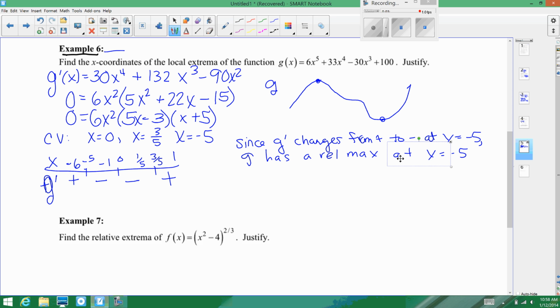And I know it seems like a lot, but you have to write all of these things out. You have to include it. This sign chart isn't enough. You have to specifically say what's happening.